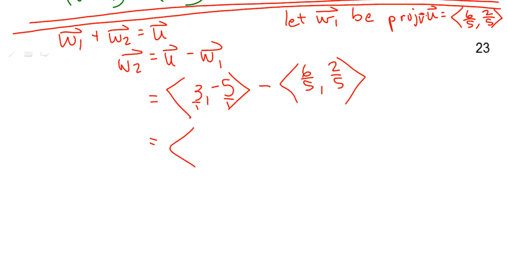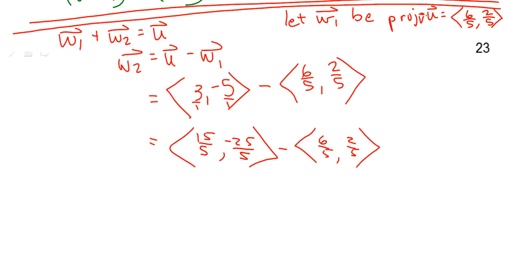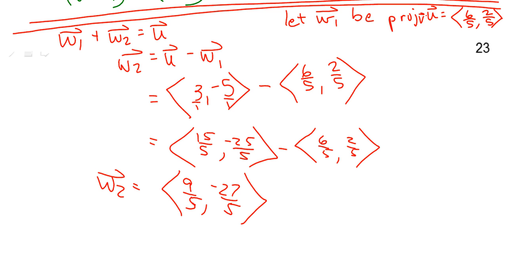These are over 1 right now, so if I put them over 5, 15/5 and -25/5 minus 6/5, 2/5. So W2, which is our second vector that we need, is going to be what? 9/5 and -27/5. So just subtracting those two as we go.